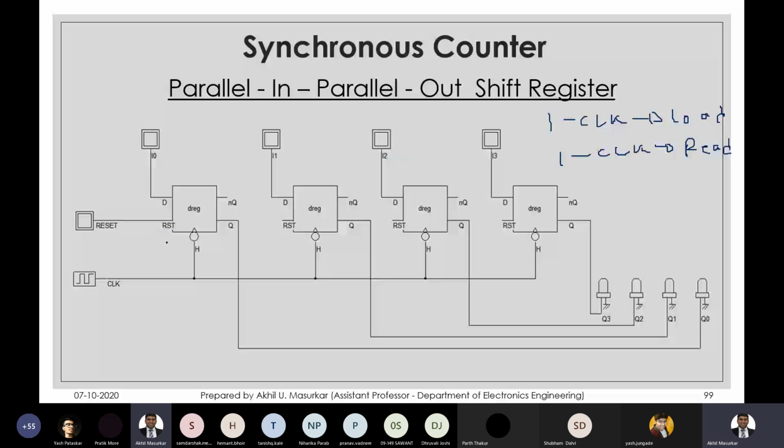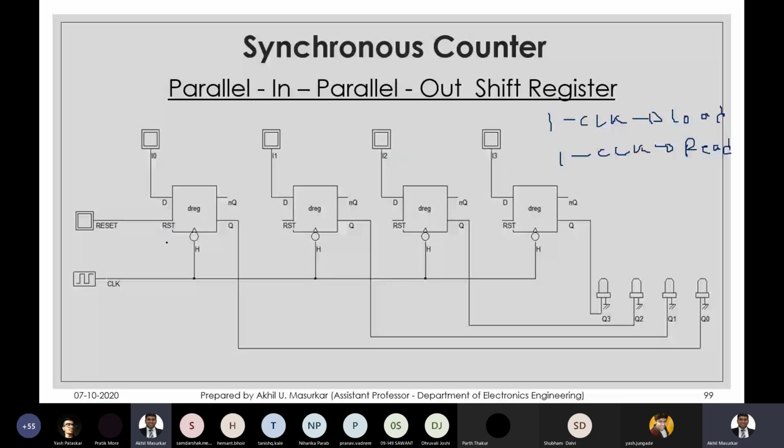So we have seen SISO, serial in serial out, serial in parallel out, and parallel in parallel out. Parallel in serial out is also very simple. Parallel in, serial out is exactly the reverse of serial in, parallel out.